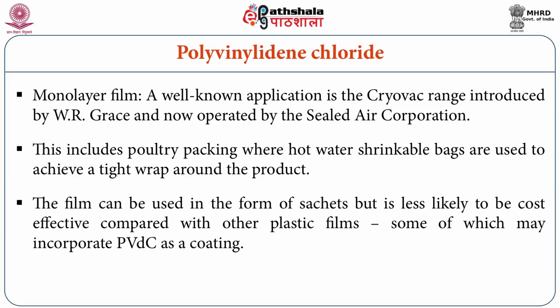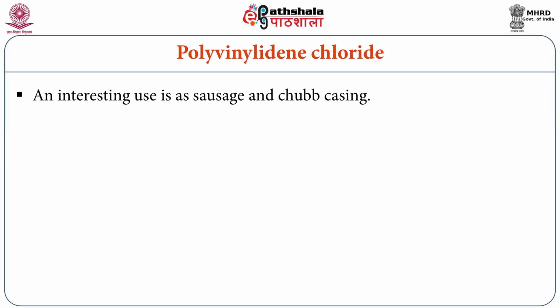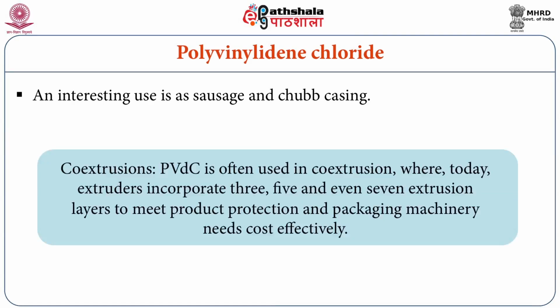The film can be used in the form of sachets, but is less likely to be cost effective compared to other plastic films, some of which may incorporate PVDC as a coating. An interesting use is as sausage and chop casing. It can also be used in co-extrusions.